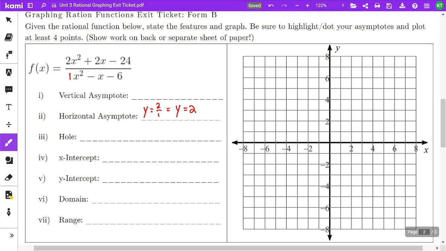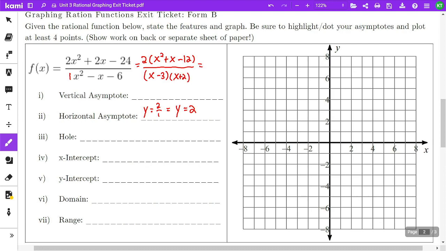Now I'll do my vertical asymptote, and to get that and everything else, I'm going to have to simplify my function. So I'm going to factor out a 2 and get x squared plus x minus 12 divided by x minus 3, x plus 2.